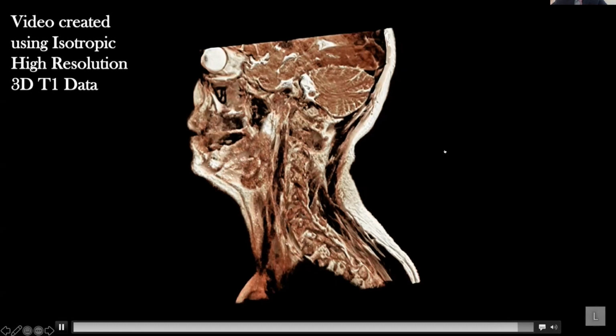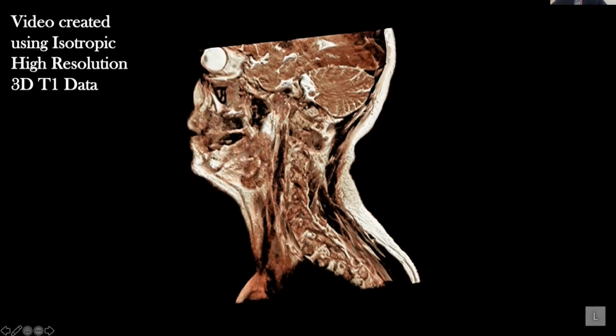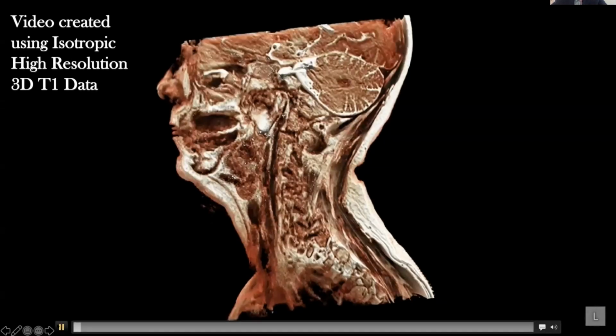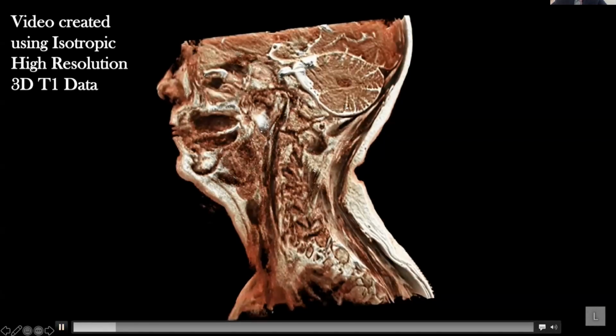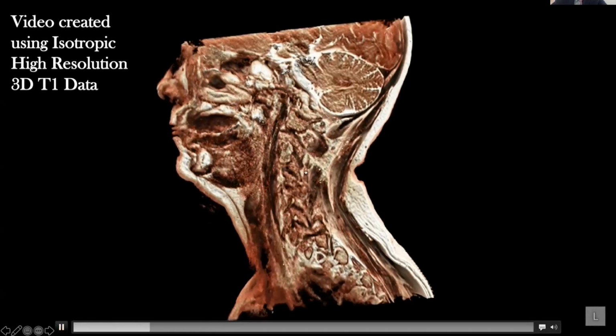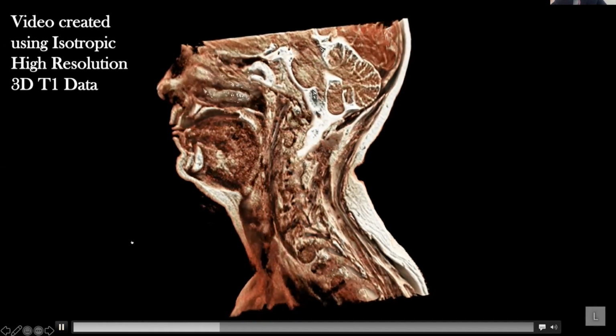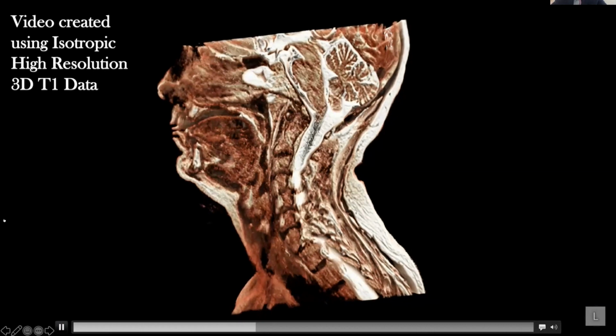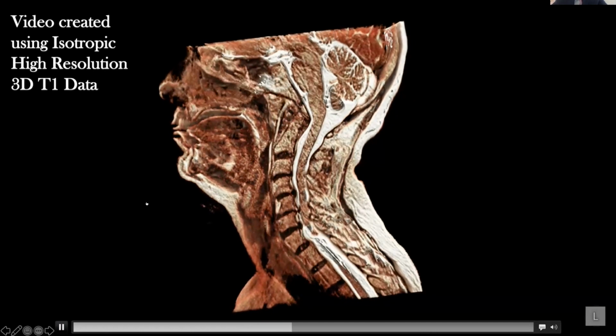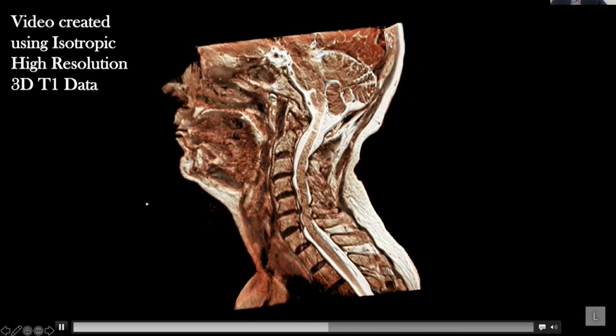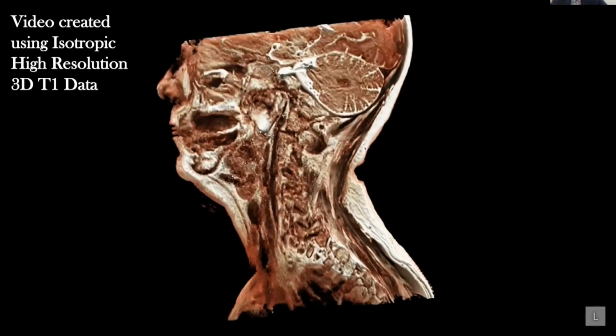And this takes me back to that sense of slicing through a real-life specimen and seeing what the gross anatomy really looks like. I don't know if you guys get that sense as well, or maybe that's just me being old and sentimental, or not, as the case may be.